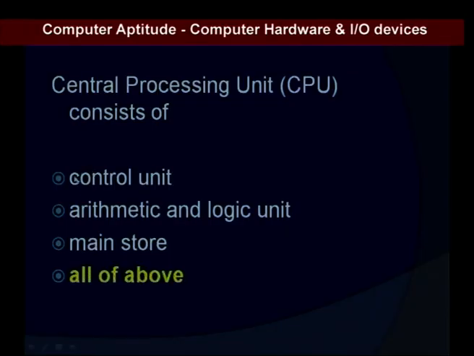All these types of memory are in main storage. Main storage consists of the CPU. So, all of these tasks are performed in the CPU. So, the correct answer is all of the above.